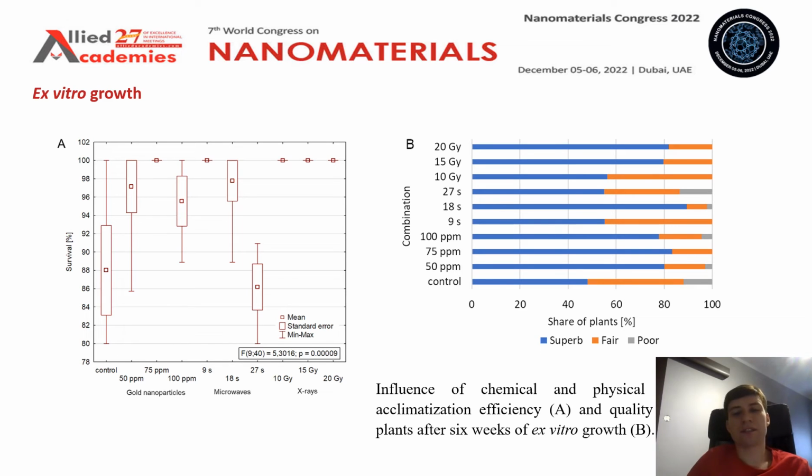So in order to enable the plants to survive in the ex vitro conditions, we need to take care of them for the first few weeks. For example, by watering them quite often to prevent them from excessive stress due to higher temperature, higher light intensity, and also higher temperature in comparison to the conditions in the growth room during the in vitro growth phase.